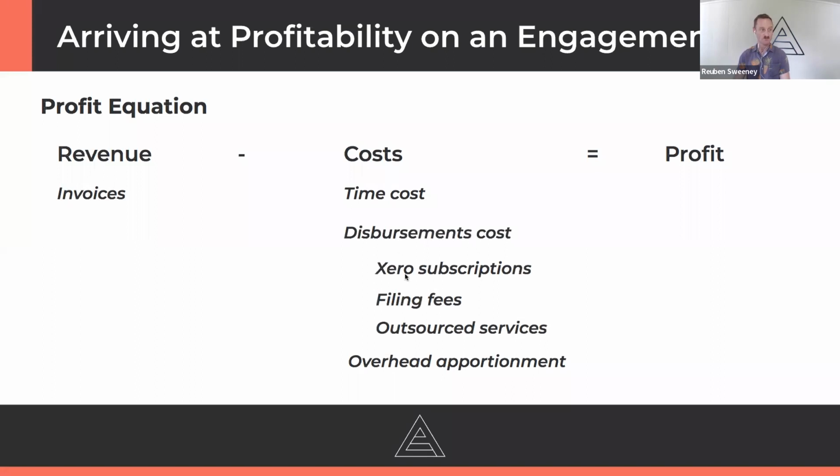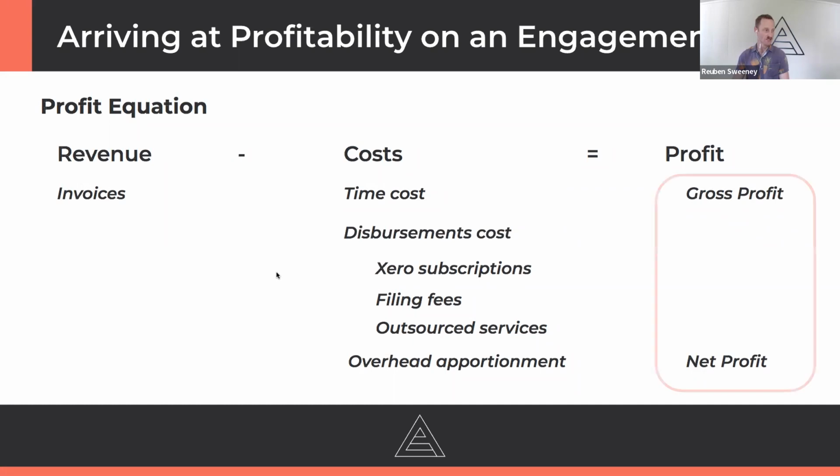We also have disbursements such as Xero Subscriptions, filing fees, outsourced services that we might incur, and also an overhead rate apportionment, which is something we're going to cover a bit later, something we could consider adding into this equation. Provided you got all that, you will be able to arrive at either a gross profit and or a net profit. That's what we're going to be covering here today.